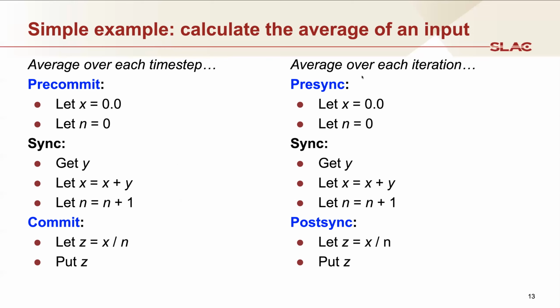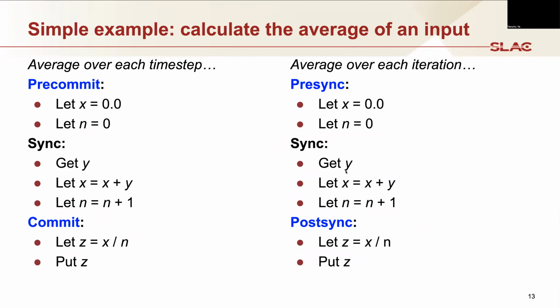Now, if instead we wanted to calculate the average over each iteration instead of over all iterations over a given time step, then we would do the same operations, but we would do them at the pre-sync stage, where we calculate the value x. In pre-sync, we would initialize the value x and the counter n.